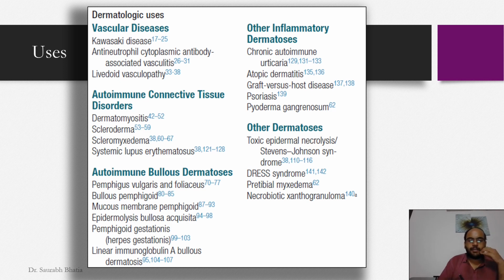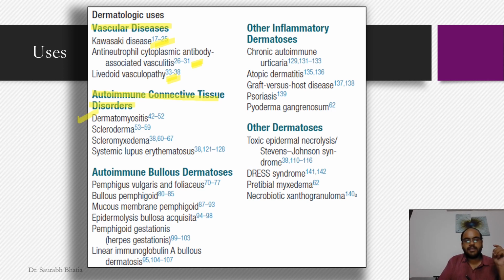Uses. Again, remember my dictum that you're not supposed to remember the uses. You just have to remember the headings. So one is vascular disease, in which you have Kawasaki disease, the FDA approved indication, ANCA positive vasculitis, livedoid vasculopathy. Then you have the autoimmune connective tissue disorders. Remember I mentioned dermatomyositis before.